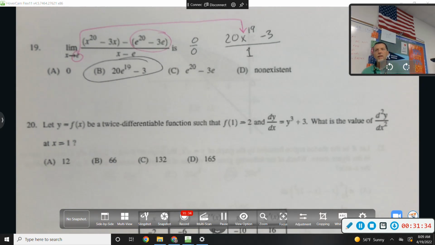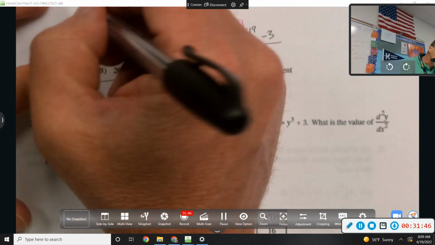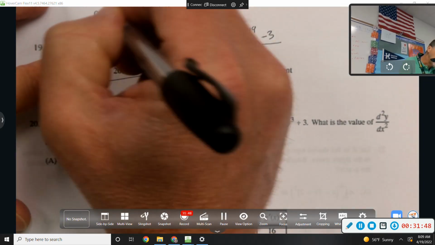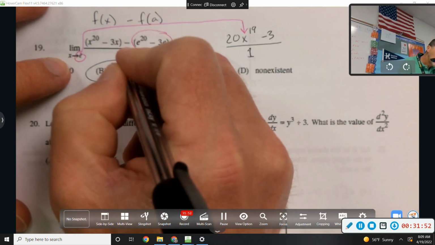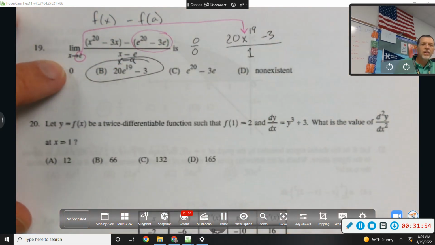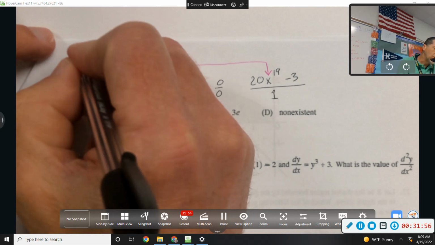That's not how I did it the first time. Do you care how I did it the first time? Sometimes they can specifically test this. I thought this looked like f of x minus f of a over x minus a, which means it's the derivative at a.